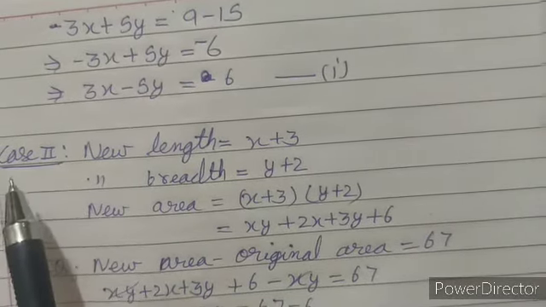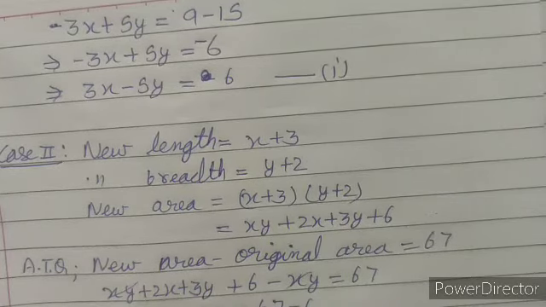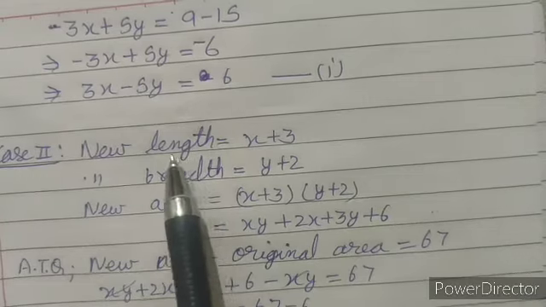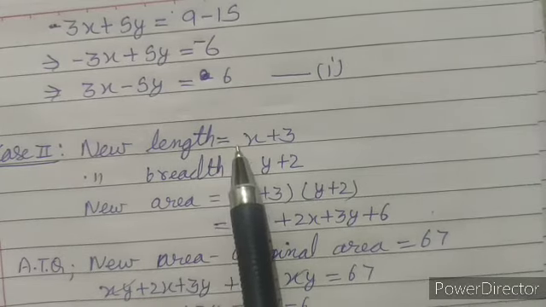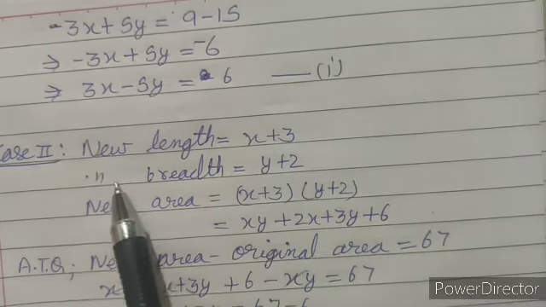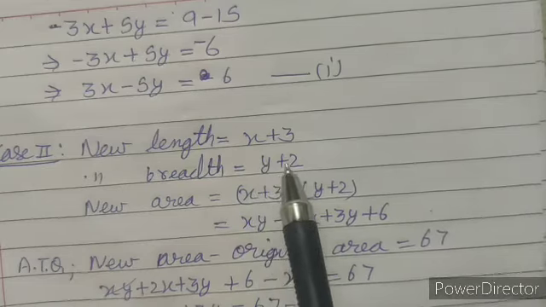In case second, it is given to us that if length is increased by 3 and breadth by 2, then the area increases by 67 square units. So, the new length that was increased by 3 will be x plus 3 because the original length was x, and the new breadth that is increased by 2 will be y plus 2.